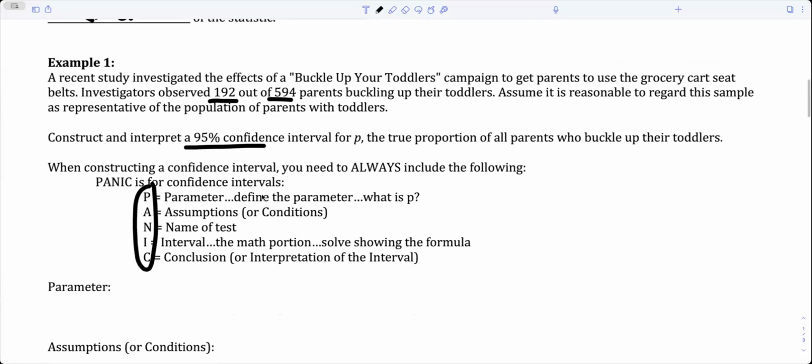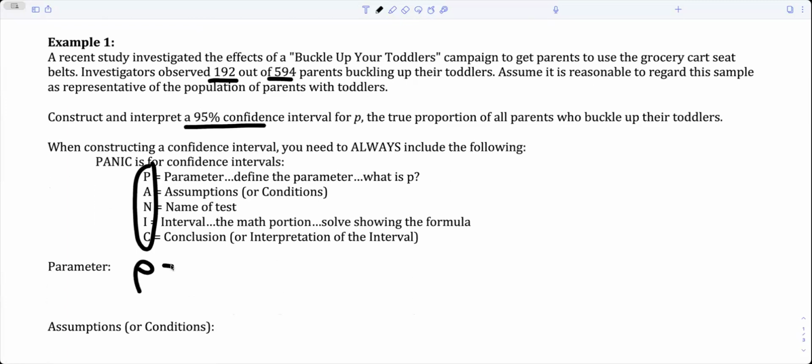All right, so here we go. Parameter. We need to define the parameter. They did that for us in the stem of the problem, but I'm going to go ahead and rewrite it.